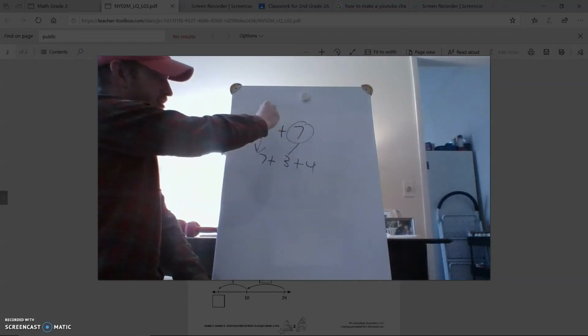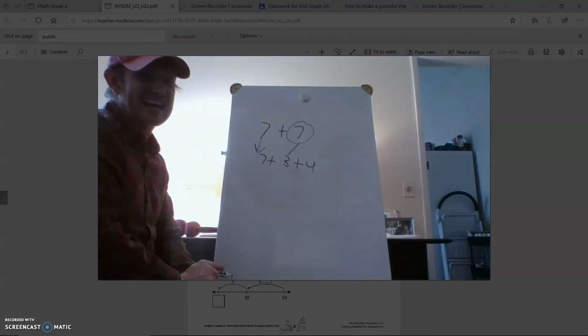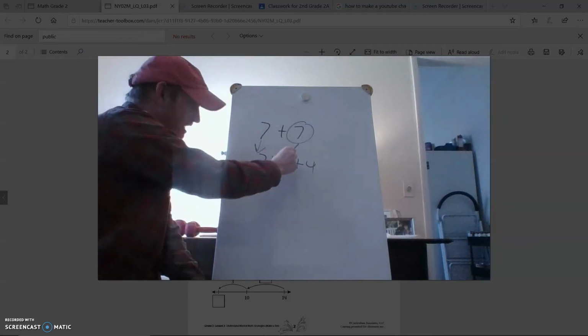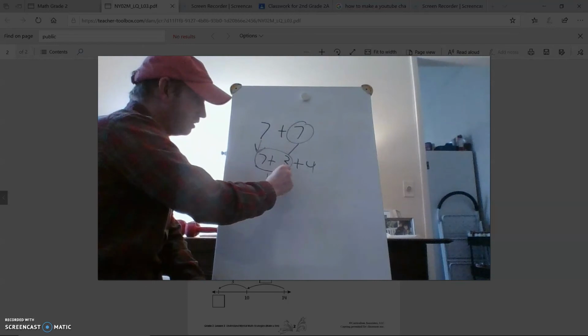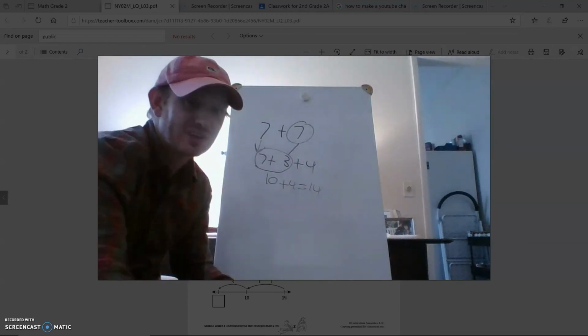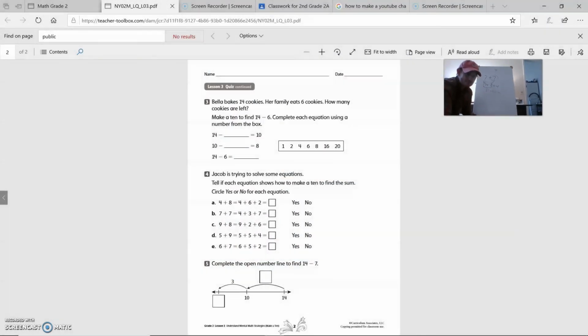So 7 plus 7 is the same thing as 7 plus 3 plus 4. 7 plus 3 is 10. 10 plus 4 is 14. Let's see what they did. 7 plus 7 is 4 plus 3 plus 7. They wrote it in a little bit of a different order, but it's still 7 plus 3. So the answer would be yes.